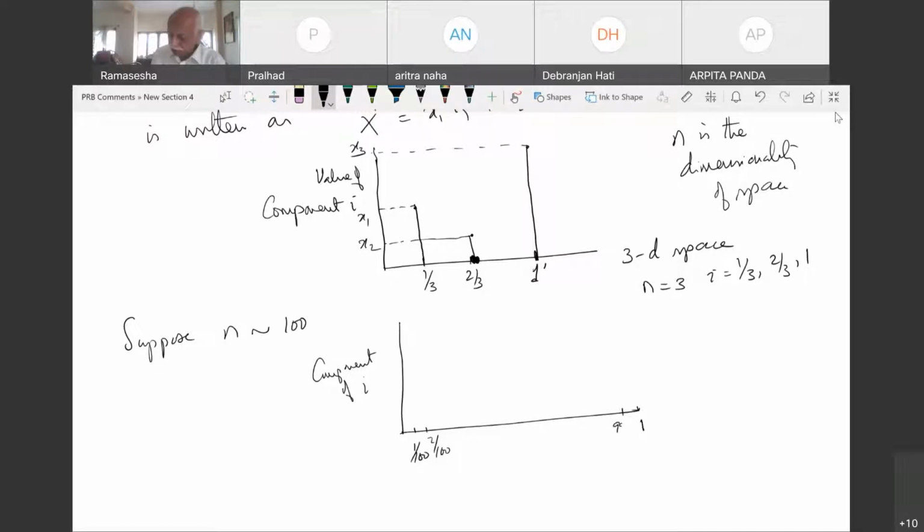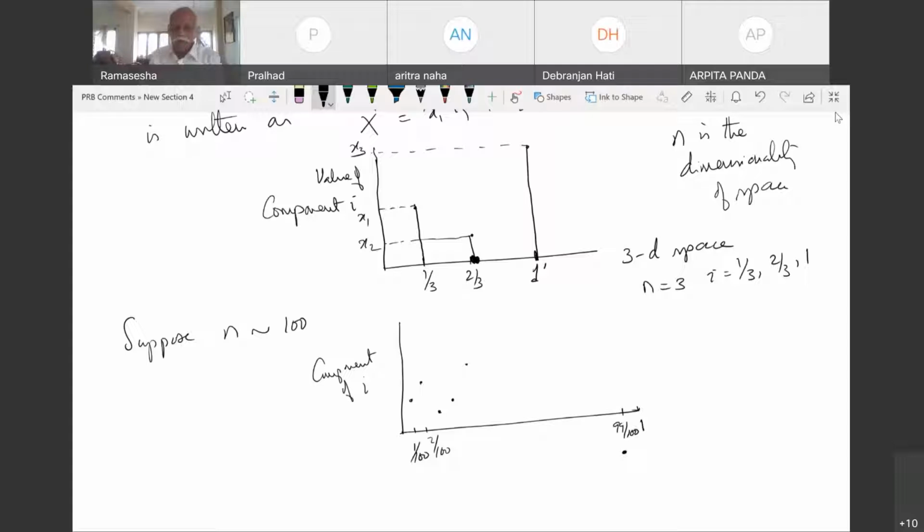Okay, so now you see the density of these points, it may be somewhere here, and somewhere here. It can keep going, and at some points it may be positive or negative, it doesn't matter.